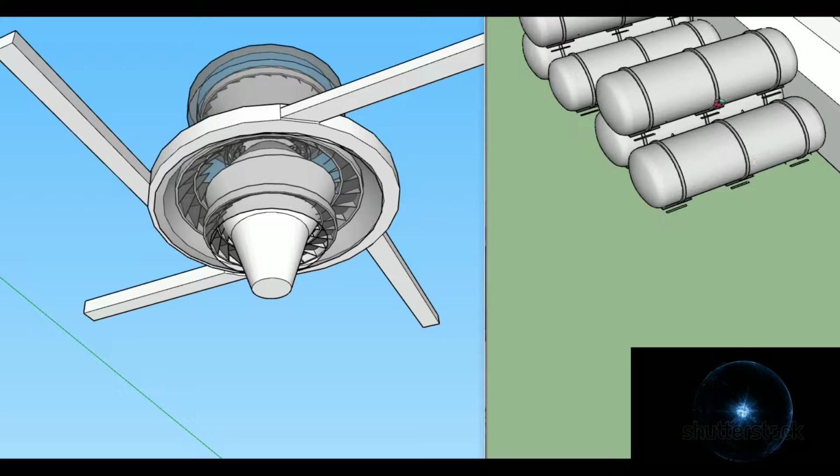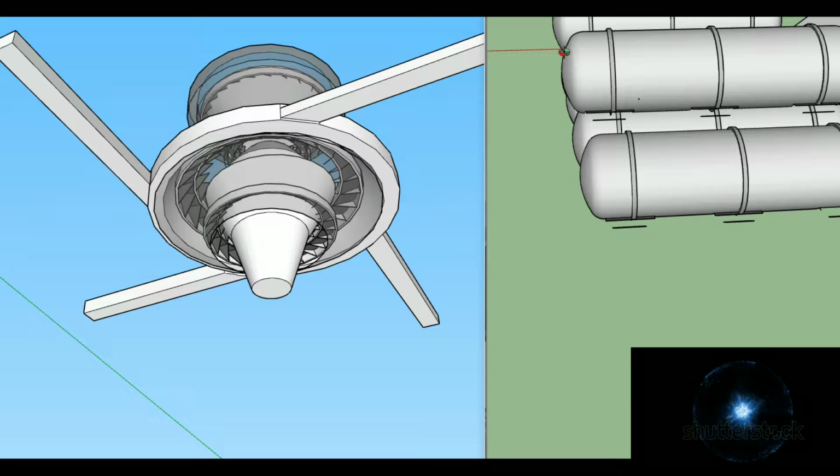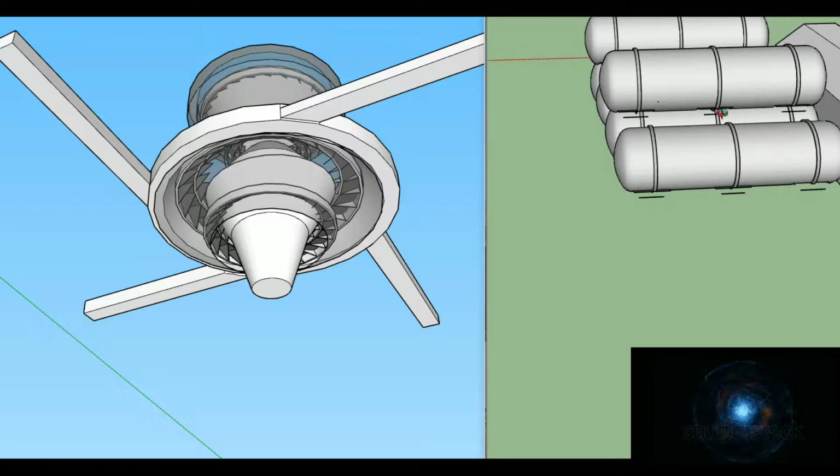For example, here are the oxygen tanks. The oxygen tanks vacuum oxygen from the atmosphere, and then they are compressed with this big tool in the inside of the compressor. They are compressed into the generators.